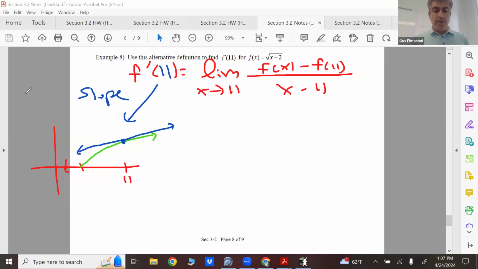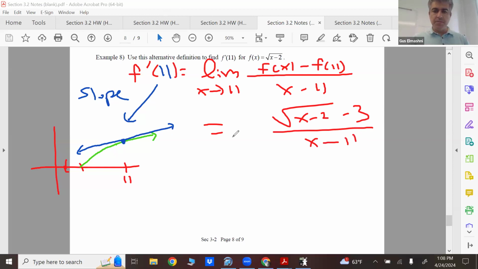So you just do it. You go through the motions. What's f of x, guys? And what's f 11? 3. Good. Yeah, then you work this out.